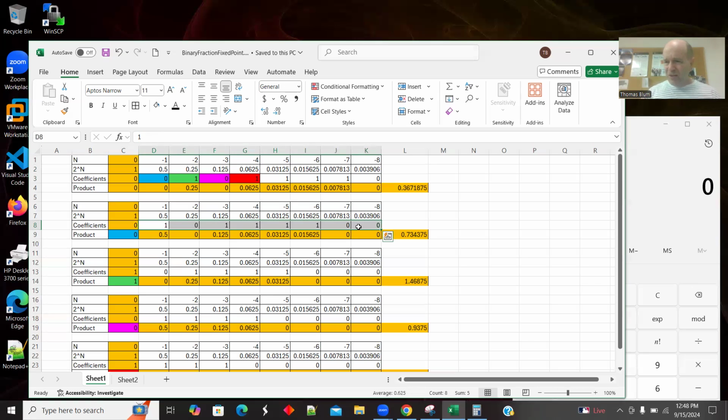Shifting a binary fraction, any binary number, strictly speaking, by 1 place to the left is equivalent to multiplying by 2. So we see it here, 0.367, 0.734.